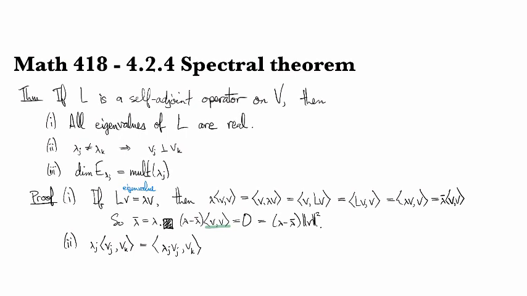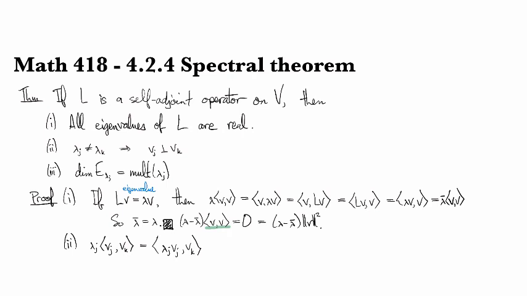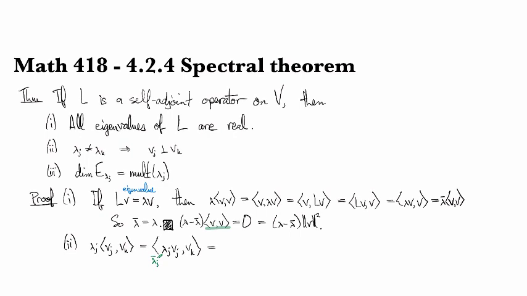A moment ago, you would have told me, shouldn't that have a conjugate because it's going into the first slot? But we just found out in the last step that these eigenvalues are real, so putting a conjugate on it is ineffectual. It doesn't matter. Now this is the same thing as (L Vj, Vk) because it's an eigenvector.